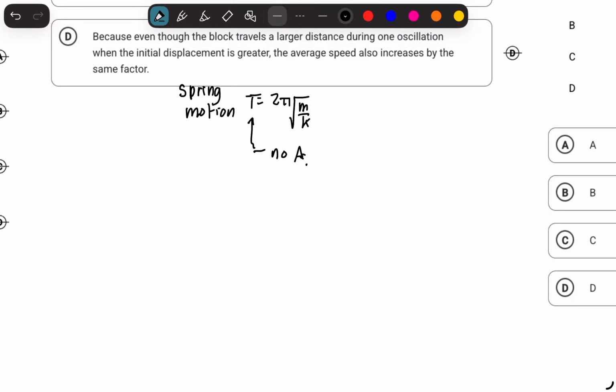So that means that amplitude only affects our speed and our distance, not period, because it's not in the equation.